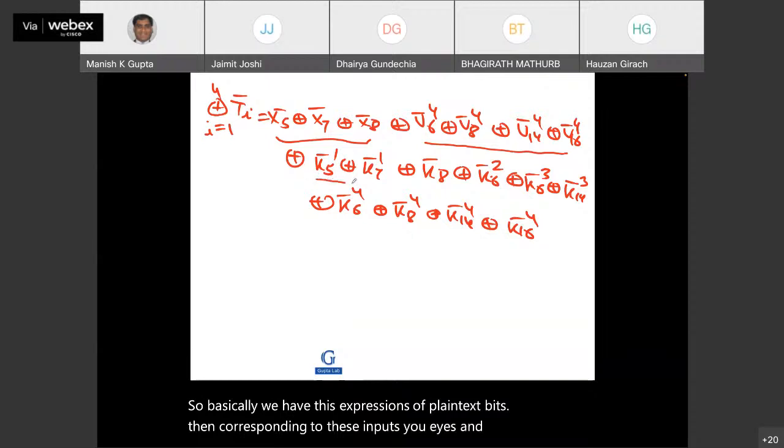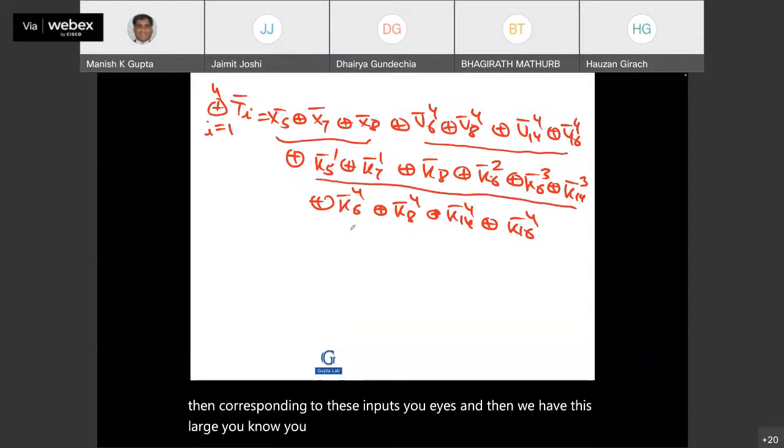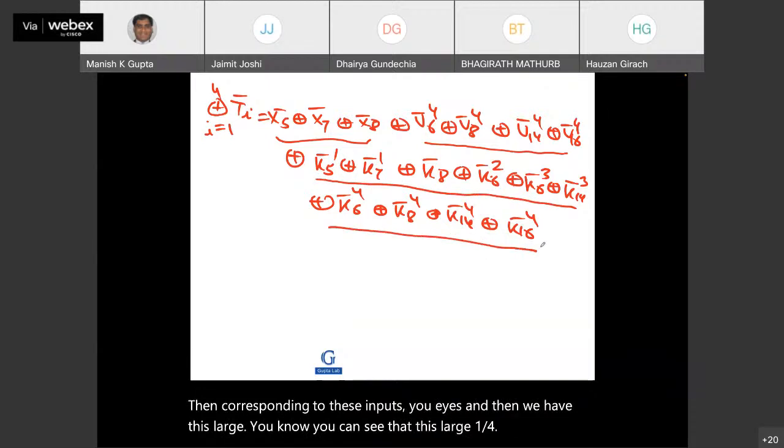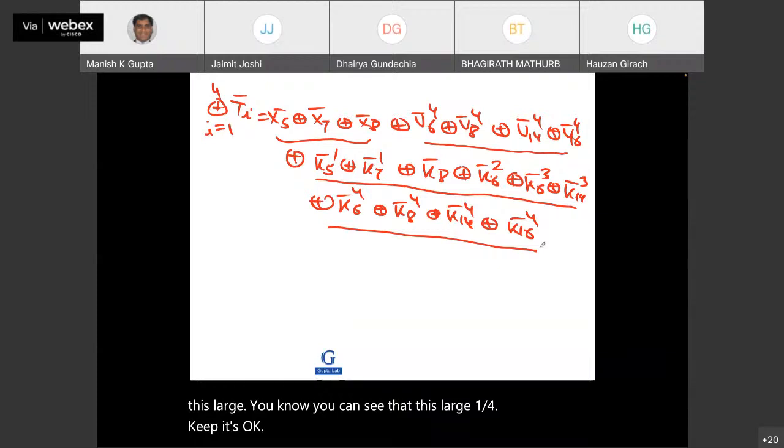and then we have this large one for key bits. Okay, so plaintext bits plus bits of U4 and key bits. This is a combination of summation of all these things, right?